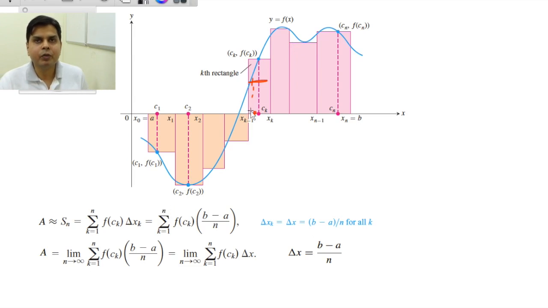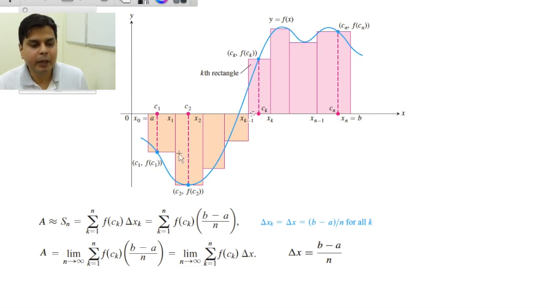But you get one visual explanation: if I go on increasing my n, that is, if I go on increasing the number of rectangles, then all these rectangles will sit on a very, very tiny base. They will become very, very small. So these rectangles will finally try to cover the curved surface, y is equal to f(x).